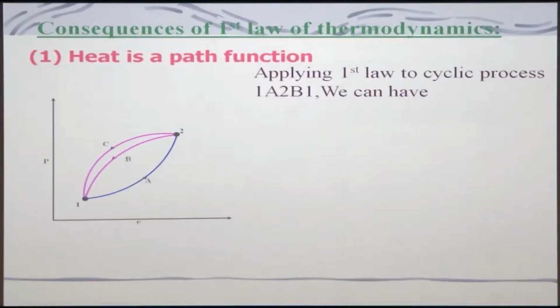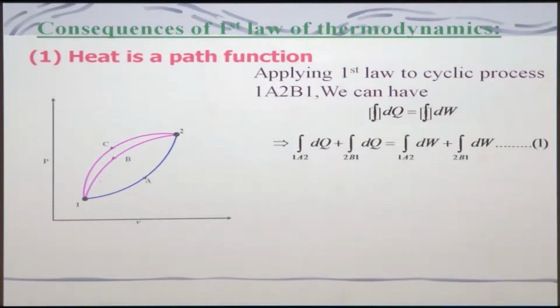So, applying the first law of thermodynamics to the cyclic process 1A2B1, we can write it down as the integral of delta q along 1A2 plus delta q along 2B1 is equal to the cycle integral of the work.